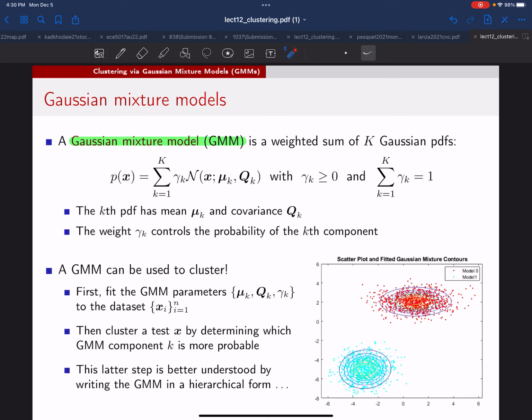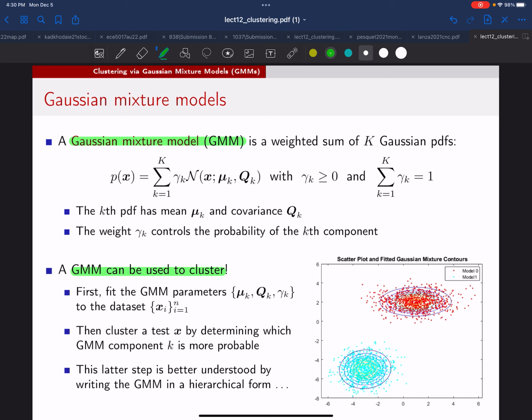You can compute those two probability values, and then choose the one that's higher, and that will tell you which cluster it comes from. So that's basically how we can use a GMM to cluster.